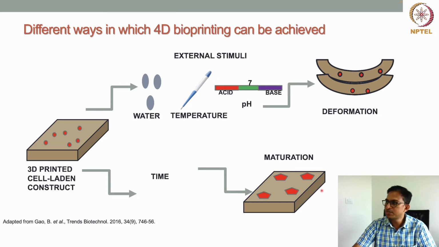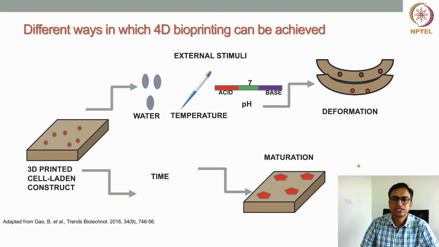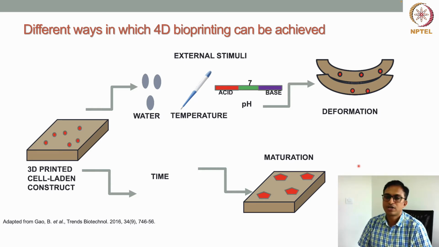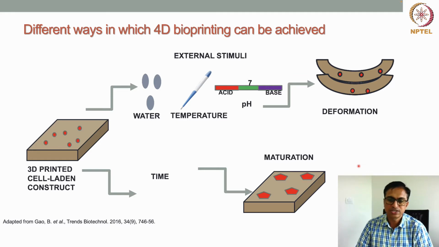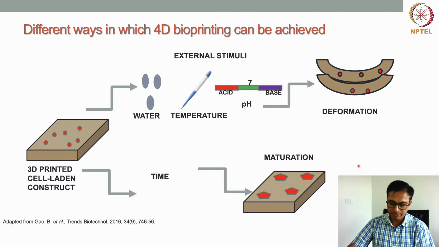So 4D bioprinting can also happen based on tissue maturation. All these things come under 4D bioprinting. If any of these strategies has been used for 3D printing, and there are post-printing changes, then those studies can also qualify for 4D bioprinting.